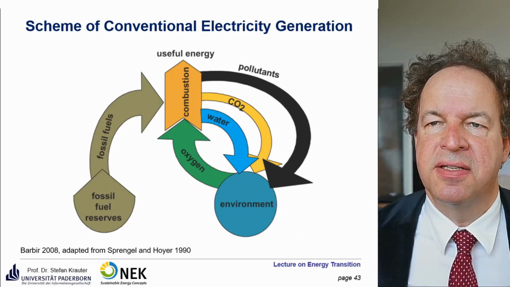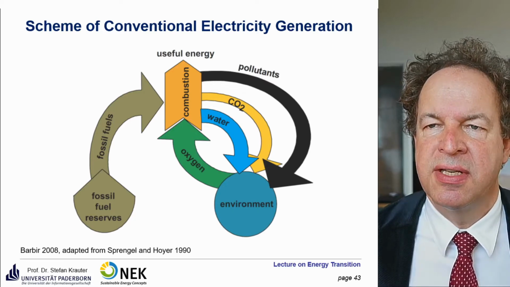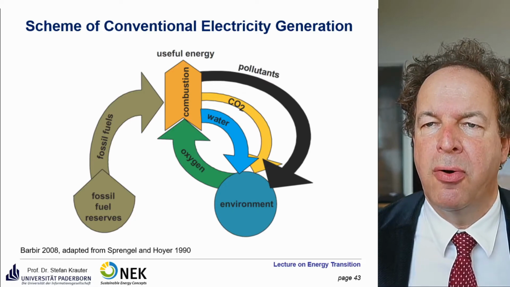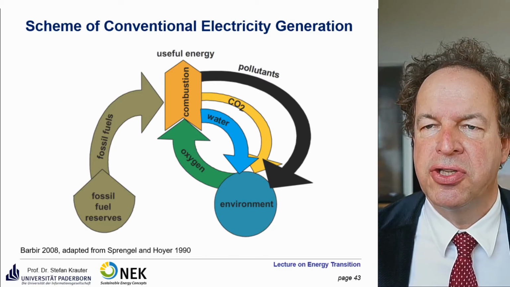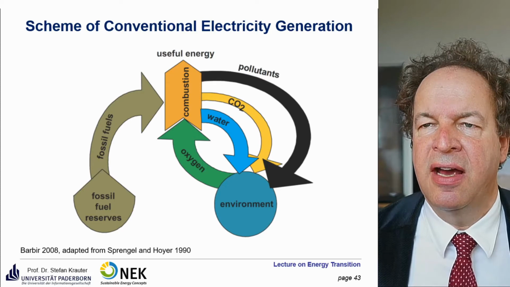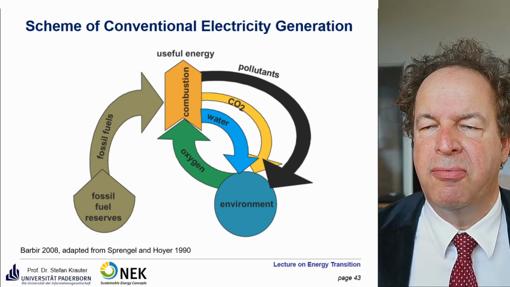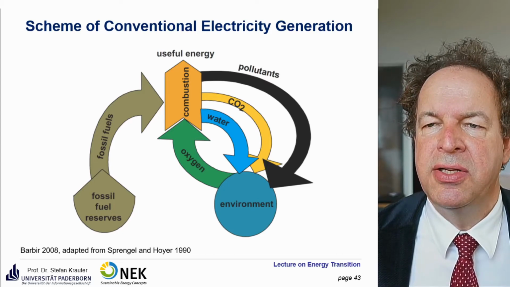There are even some lab cells which are close to 40%. Here we see the scheme of conventional energy generation. We have fossil fuels which come into a combustion chamber. We use oxygen to oxidize them. Then we have pollutants, carbon dioxide, and wastewater, which will be released into the environment.